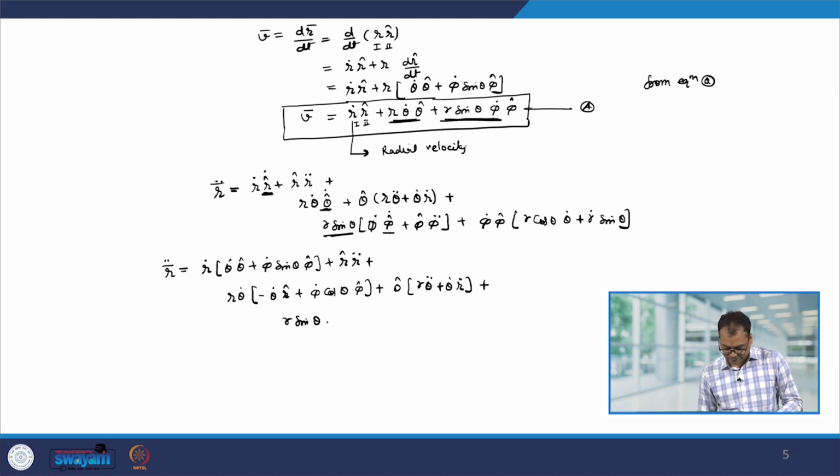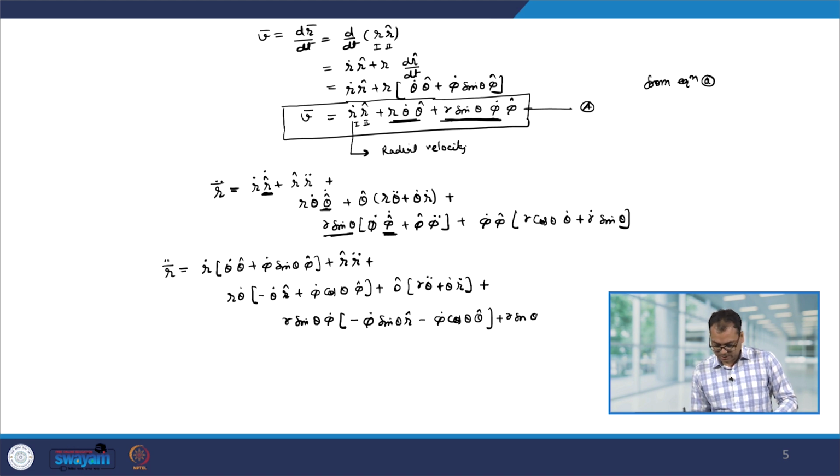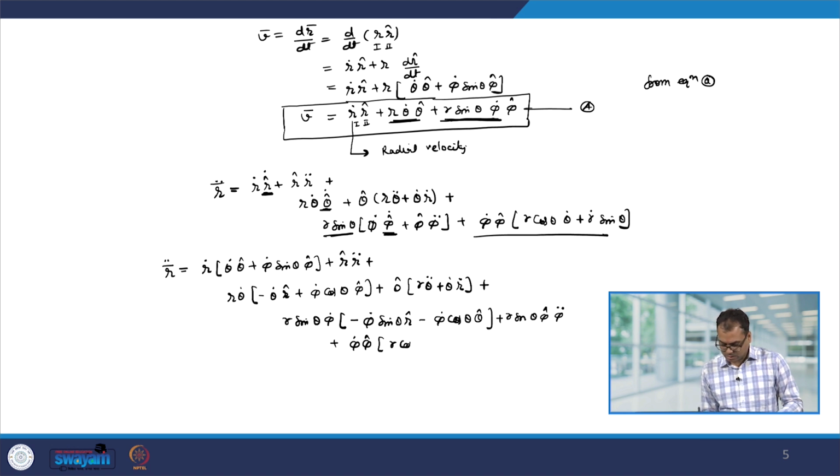So, let us put that phi dot also outside, phi dot, and the value of phi cap dot is minus phi dot sin theta r cap minus phi dot cos theta theta cap plus we have this term. So, it is r sin theta phi cap phi double dot plus the last term phi dot phi cap r cos theta theta dot plus r dot sin theta.